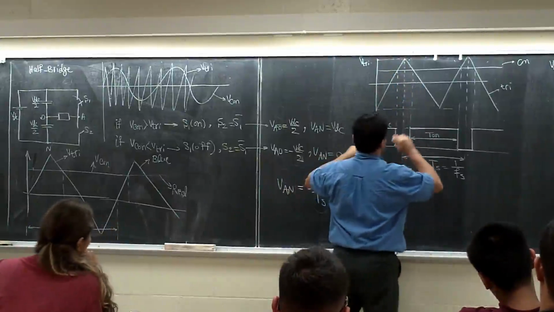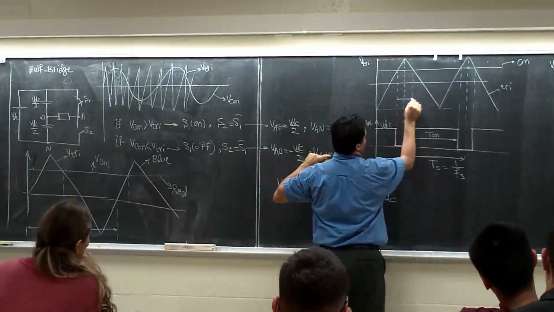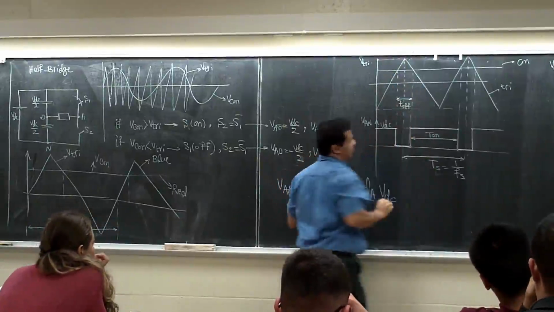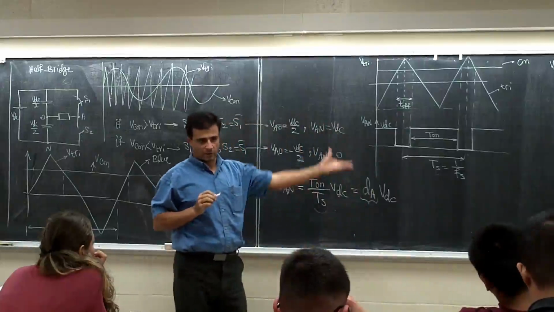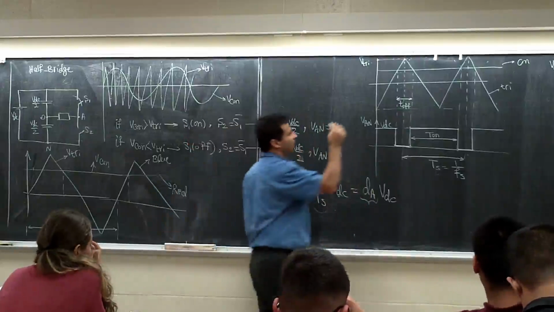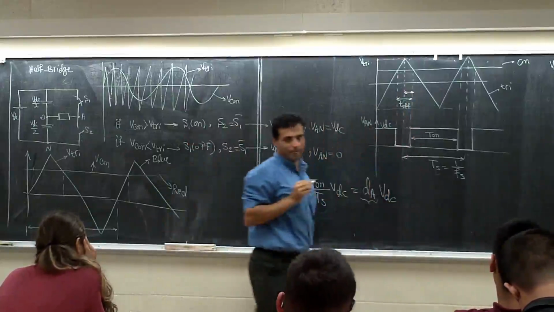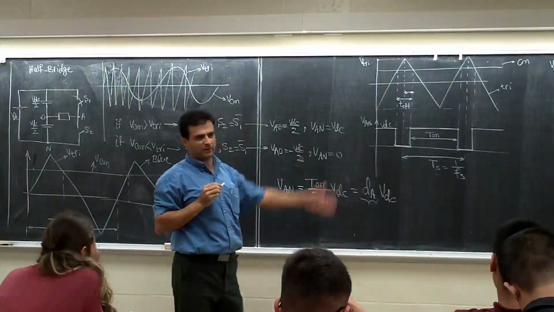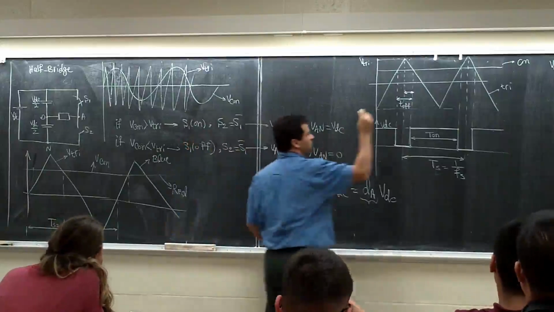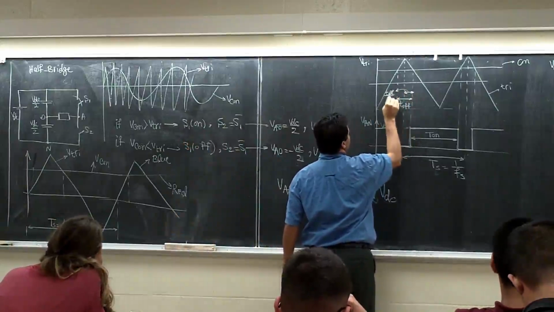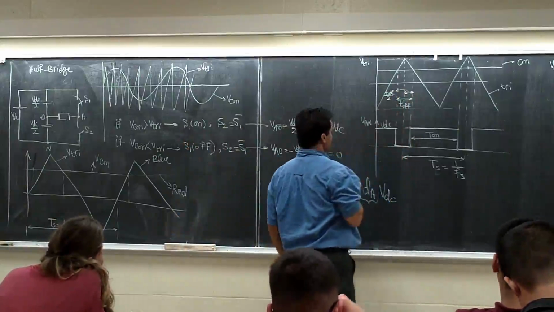Let's look at here. This time is a T off, right? The time the switch is off. This time, how much is this time? T off over 2. Why? Because it's symmetrical, right? This is a T off over 2. Now, let me see.